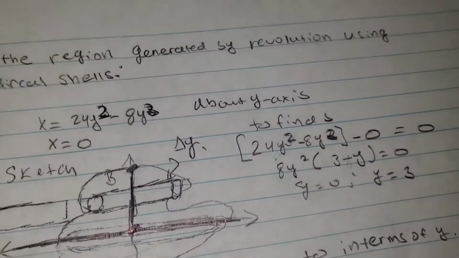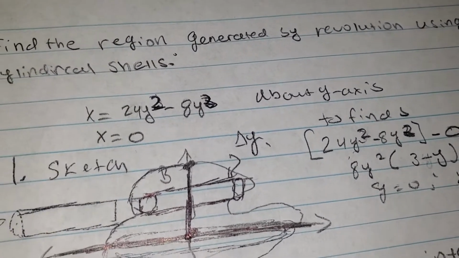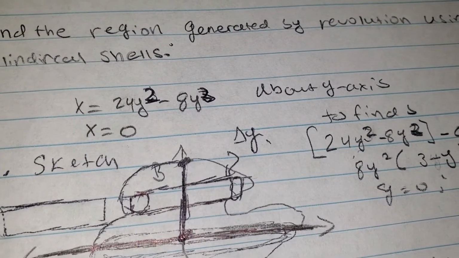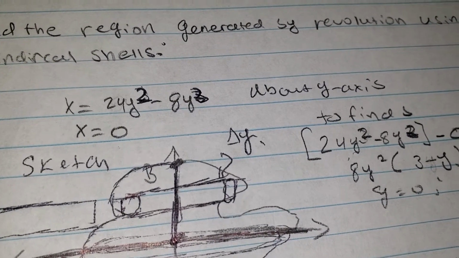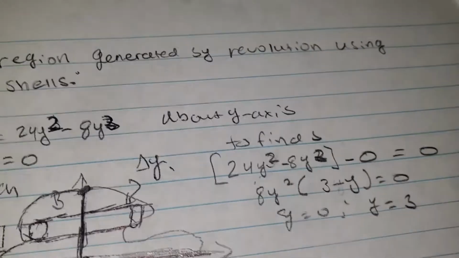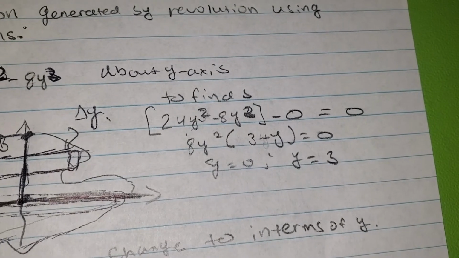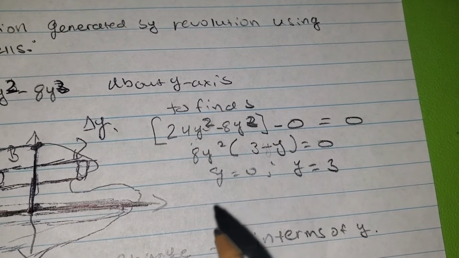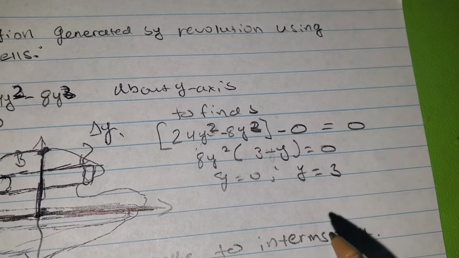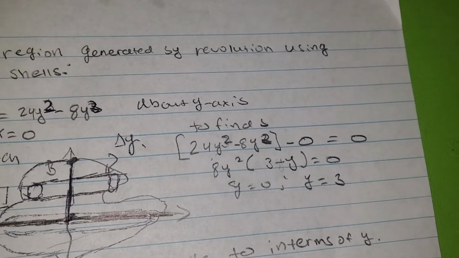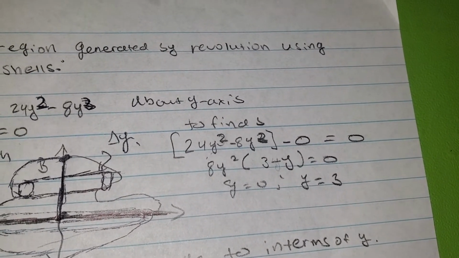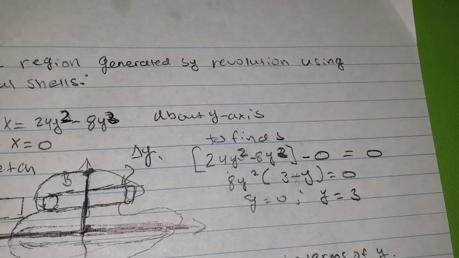To find them, you set the given functions equal to each other. So 24y squared minus 8y cubed is equal to 0. Factor out an 8y squared, you get 8y squared times 3 minus y is equal to 0. Setting each factor equal to 0, you find y is equal to 0 and y is equal to 3.